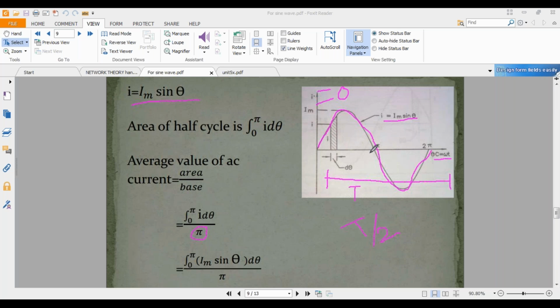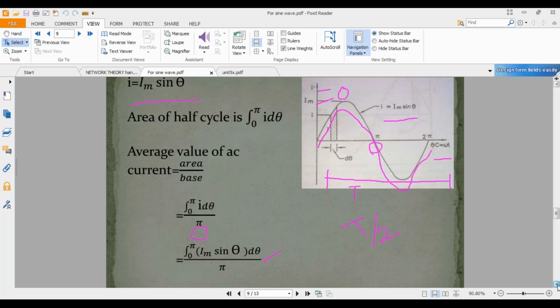Full period is equal to 2 pi. Half period is equal to pi. So 1 by pi, with integration limits for the half period 0 to pi, of Im sin theta d theta. Now we can perform the integration.